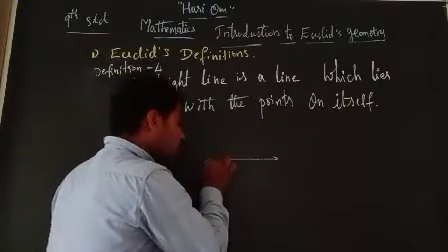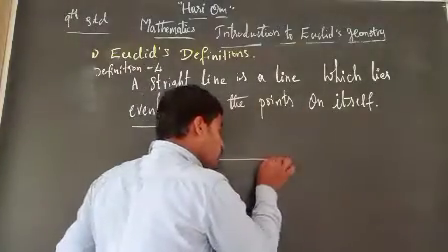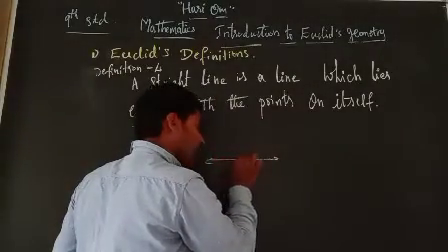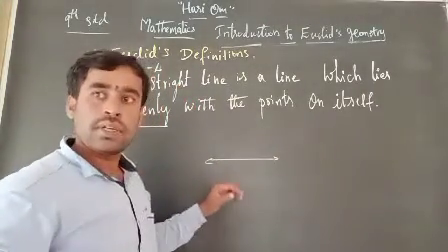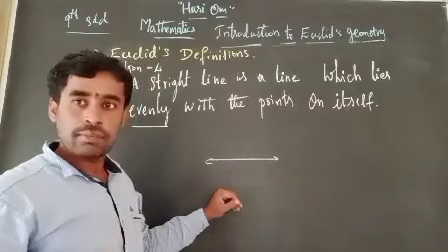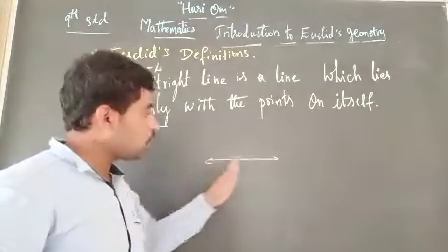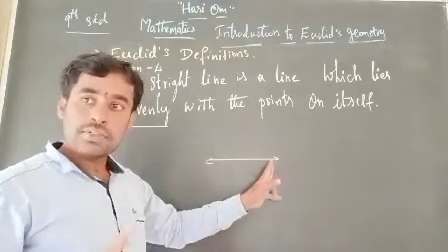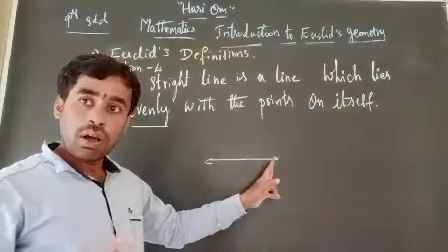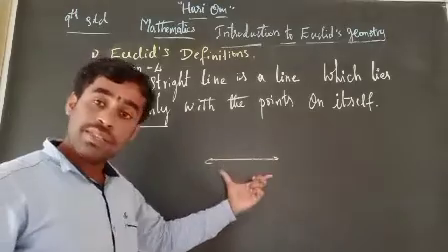So all the points should be on one line. Is it clear? On a single line. A straight line is formed by a set of points. The entire set of points of a straight line must be in a single line.